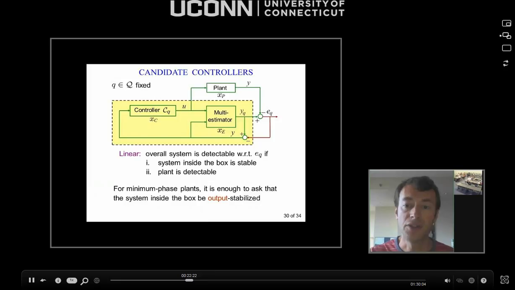Under this assumption, it is enough to ask that the system inside the yellow box is only output stabilized. So rather than asking that it's stable, you ask that its output, given by the Y_Q signal here, and the U signal here are stabilized. You trade off: you strengthen the assumption on the plant, and you relax the assumption on the system inside the box.